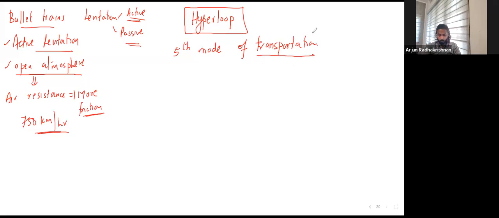What are the other four modes? Land, water, air, and outer space. Land includes both road and rail. So this is the fifth mode of transportation.